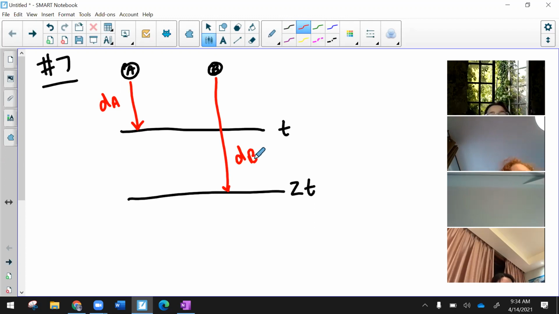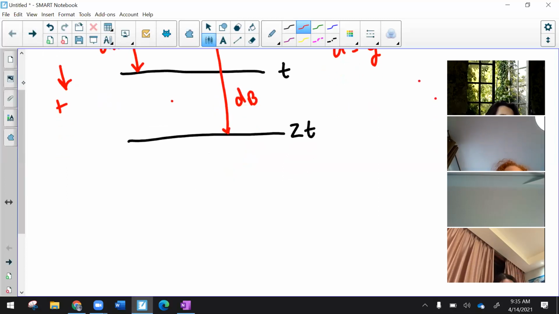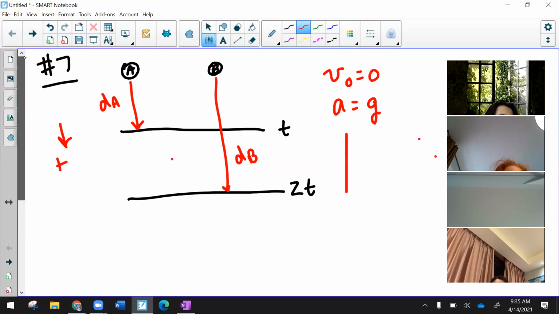Okay, so they're both dropped from rest. So they both have v0 equal to 0. The acceleration is g in both situations, so we'll let positive be down. And the mass doesn't matter because mass doesn't matter if I'm neglecting air resistance. So what I did was I made a list of knowns for both of these. So I let this be y equals 0 up here.